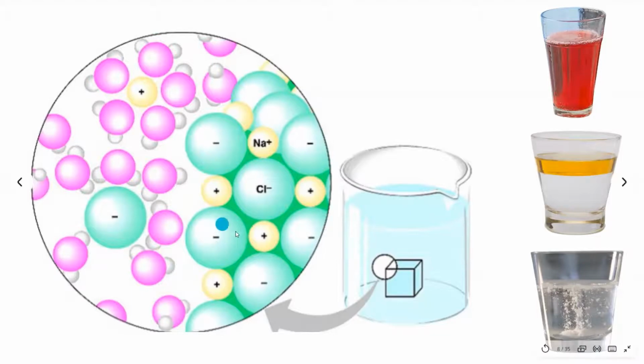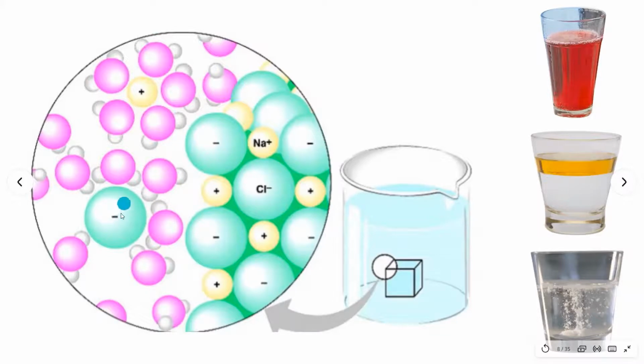So in this picture, we have an ionic solid, sodium chloride, made up of positive and negative ions, and we have our water molecules here. Water is polar, which means that the end with the oxygen is slightly negative, and the ends with the hydrogens are slightly positive.